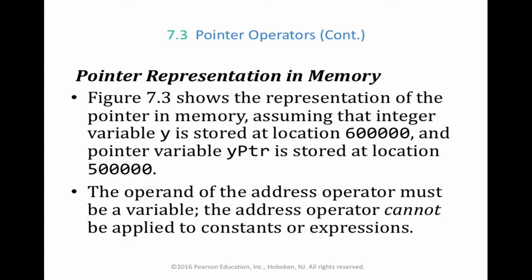In figure 7.3, the representation of the pointer in memory assumes that the integer y is stored at location 600,000, and that the pointer variable yPtr is stored at location 500,000. The operand of the address operator must be a variable. It cannot be applied to constants or expressions.